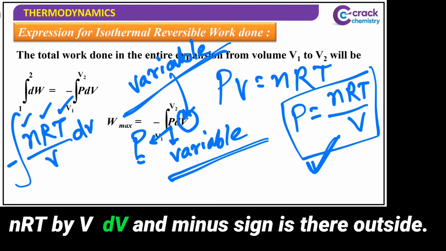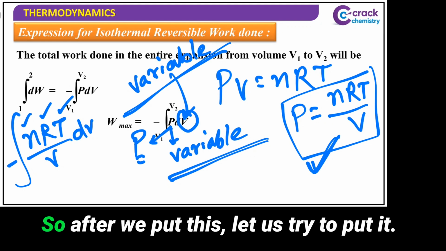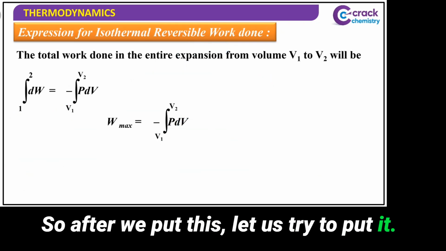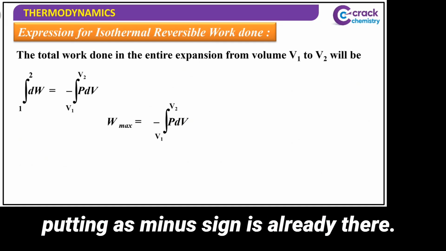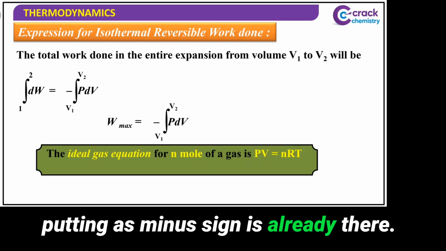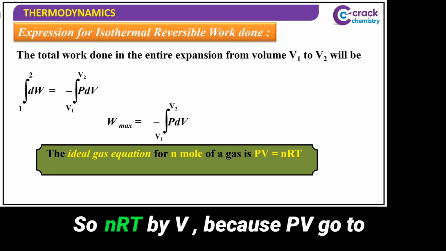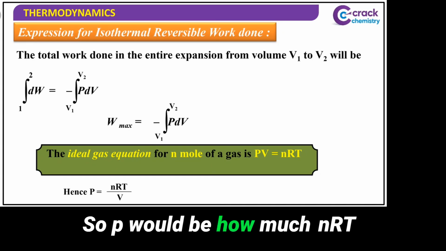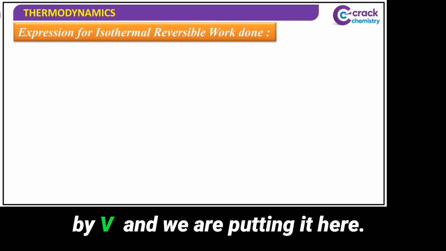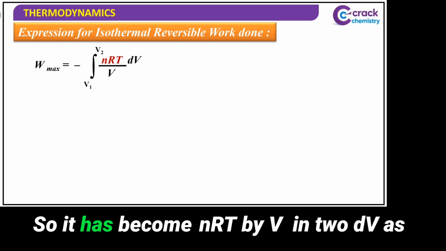So we have nRT by V dV, and the minus sign is outside. After we put this in place of P, since PV equals nRT, the ideal gas equation, P would be nRT by V, and it becomes nRT by V into dV.